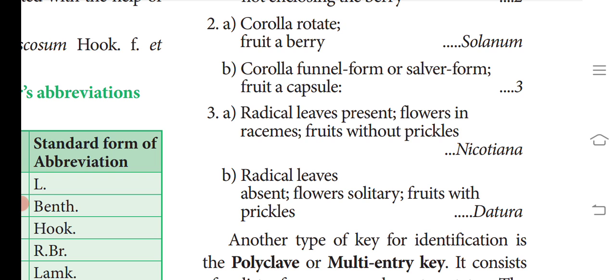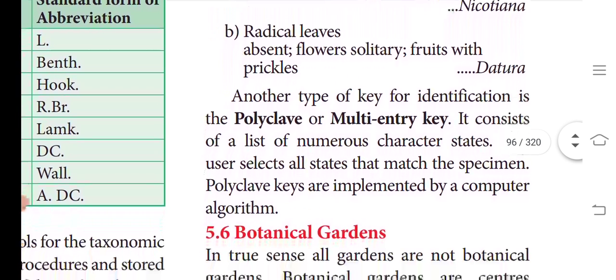If the radical leaves are absent and flowers are solitary, solitary means single, not an inflorescence, then you can call it Datura. If it is an inflorescence, then it is Nicotiana. Do you follow? I think you can follow. Based on the characteristic features, first you have to see one character, then you go to the point which is set there.